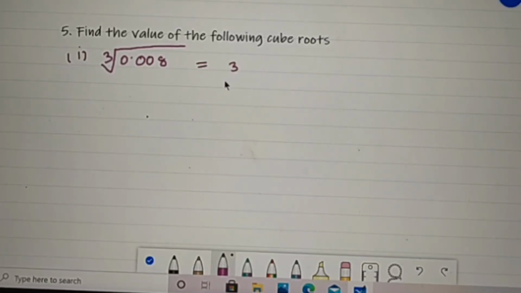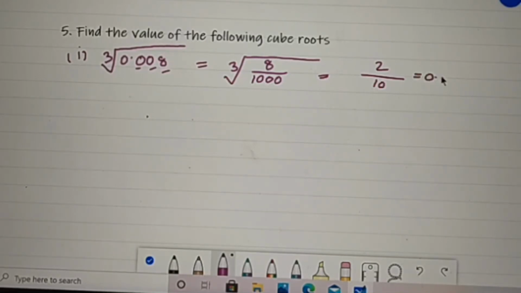The cube root of 0.008 is the cube root of 8 upon 1000, as it has 3 decimal places. Now we know 2 cube is 8, so the cube root of 8 is 2, and 10 cube is 1000, so the cube root of 1000 is 10, which is equal to 0.2.